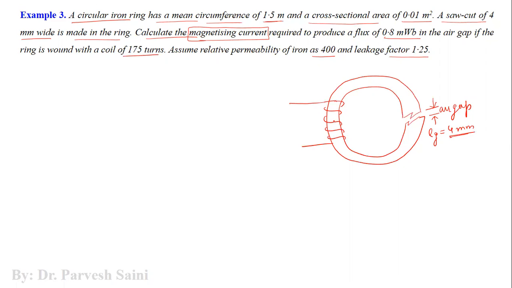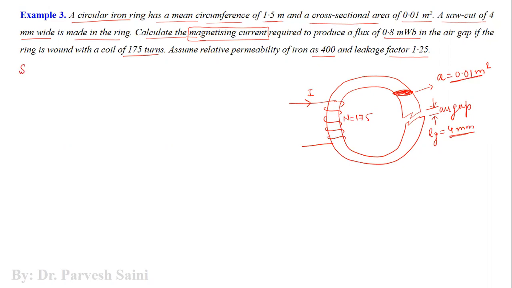So the number of turns here are 175, N is equal to 175, and this is the amount of current, let us say, which is flowing in this particular coil, right? So the area of cross section is given as A is equal to 0.01 meter square. It is also given here.